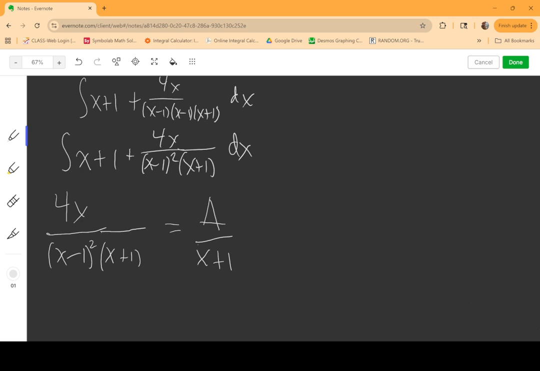So that takes care of that part. So now for my repeating one, I start off with b over x minus 1, to the first power, and then c over x minus 1 squared. All right, but the top terms are always constants, just a, b, c.